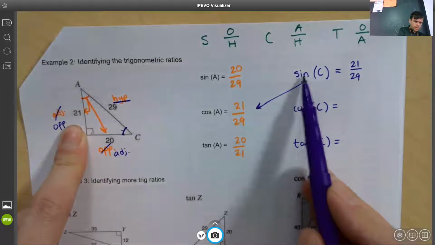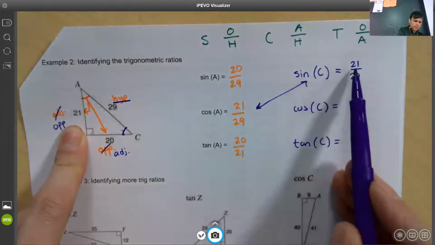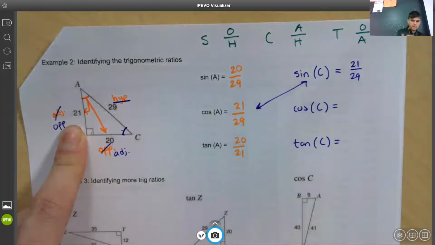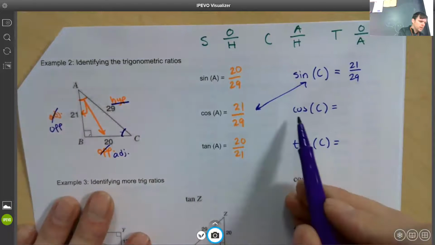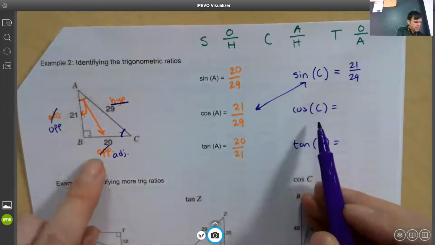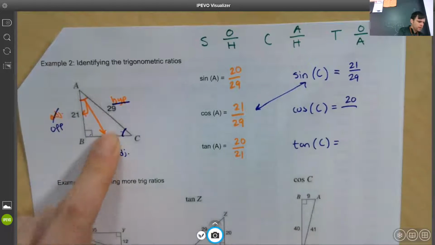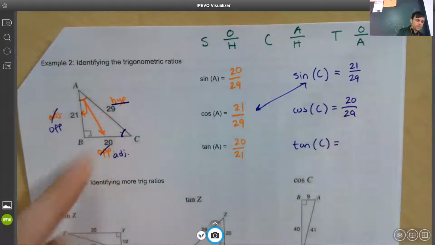Notice this. The sine of angle C, 21 over 29, is actually the same thing as the cosine of angle A. Think about why that would happen. Cosine of angle C, that's going to be adjacent, 20 over hypotenuse, 29.